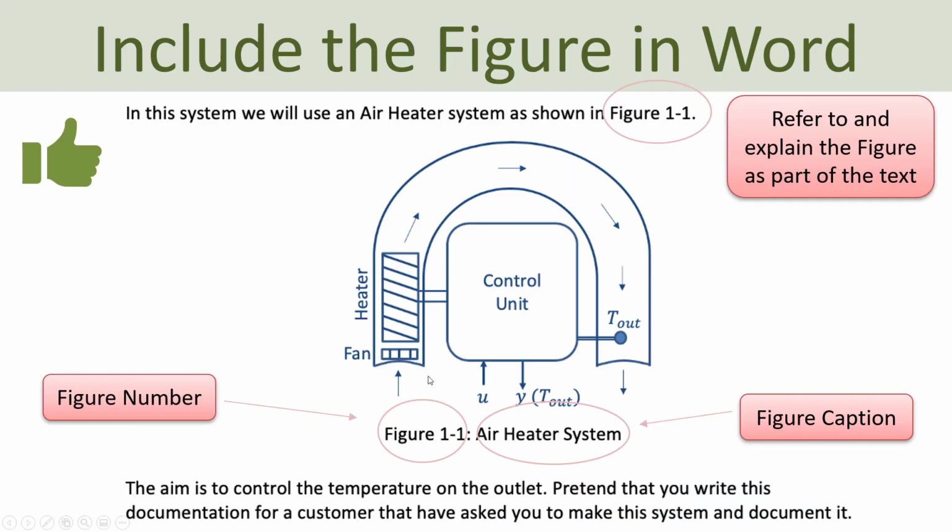So far we have made a figure or a system sketch in PowerPoint, and in that sketch we can include mathematical expressions, different shapes, icons, ordinary text, etc. And then you can insert it into Microsoft Word with a figure number, figure caption, and refer to it as part of the text like this.